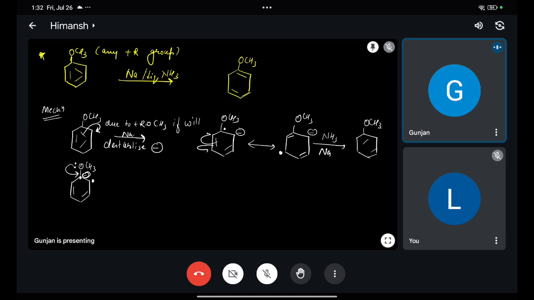It donates the electron, so it will make the negative unstable. Right or no? Yes, ma'am. Any problem, any doubt, Himansh, so far? Ma'am, no problem, no doubt.